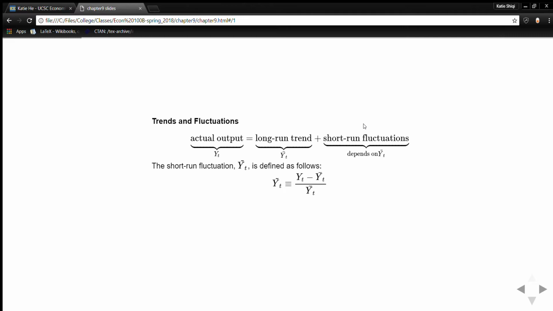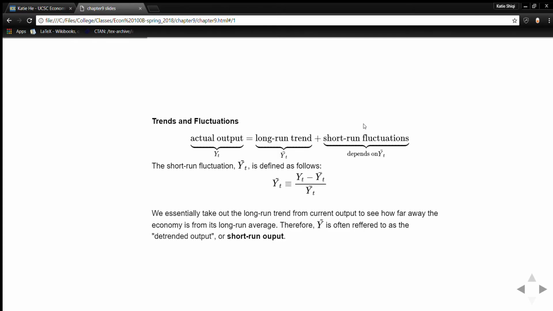So we want to normalize it by the long run trend in that year so that we get a sense of how big this difference is across the years. So that's why we use yt minus y bar divided by y bar. And this short run fluctuation is also sometimes called the detrended output or the short run output.